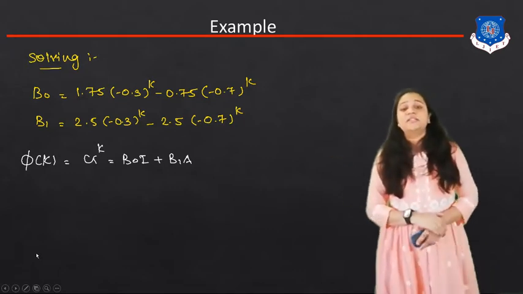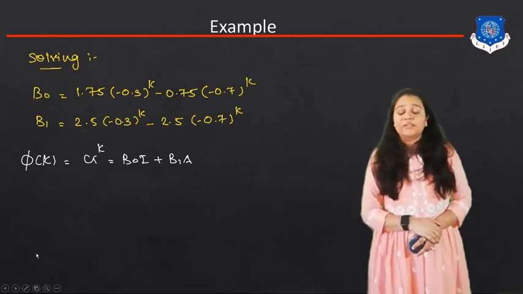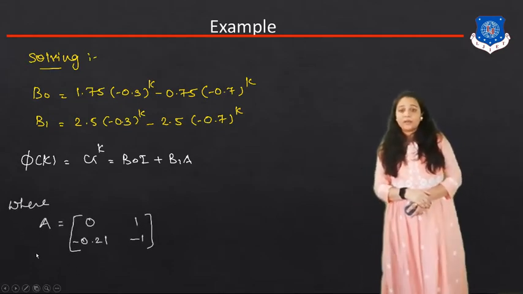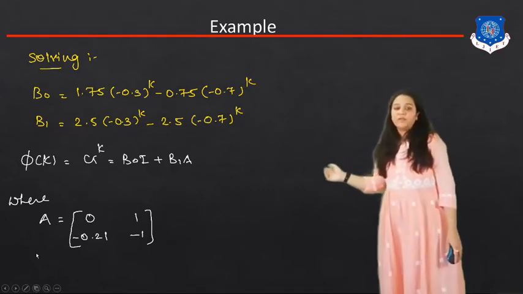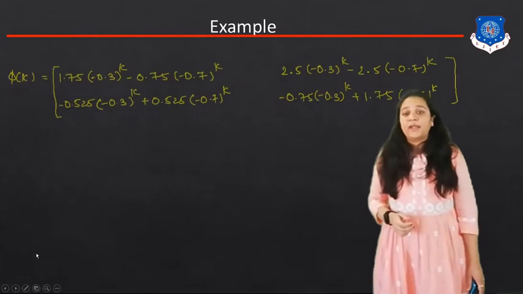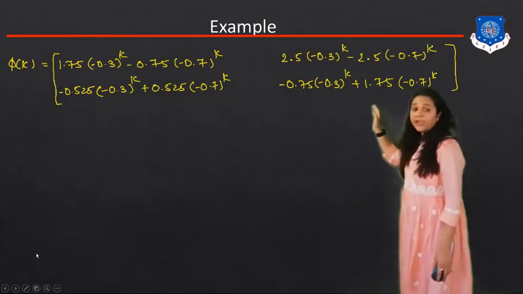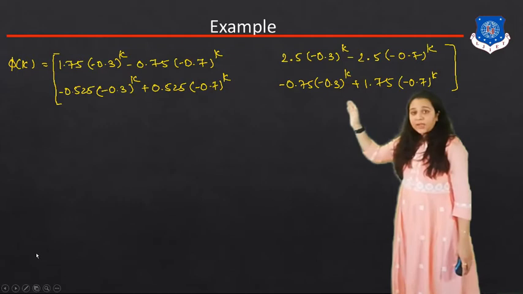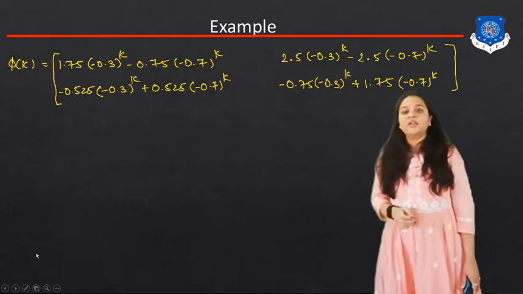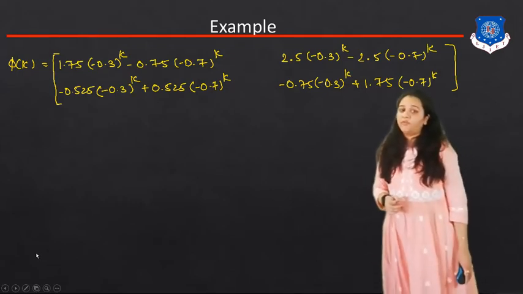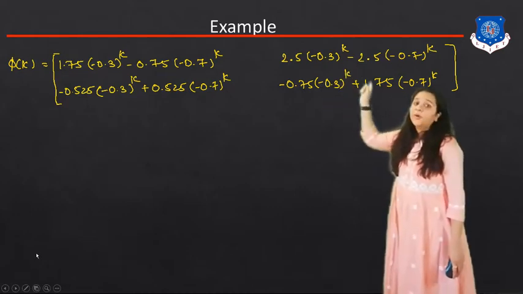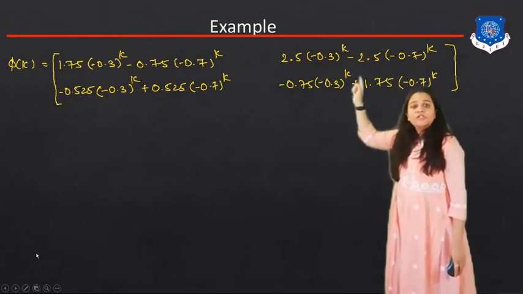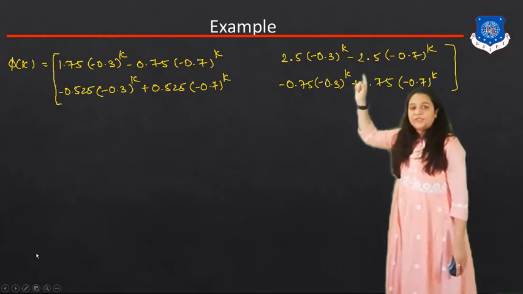The A matrix is given in this question, and the I matrix is nothing but the unit matrix. So we put the value of A, which is [0, 1; minus 0.21, minus 1], and we get this type of matrix. Phi of k is equal to 1.75 times (minus 0.3) raised to k minus 0.75 times (minus 0.7) raised to k in one term, and 2.5 times (minus 0.3) raised to k minus 2.5 times (minus 0.7) raised to k in another term.